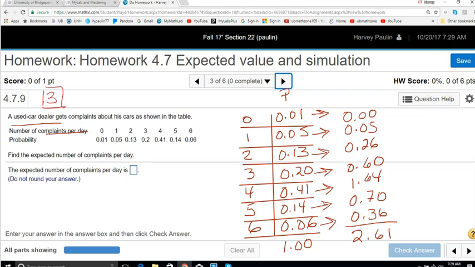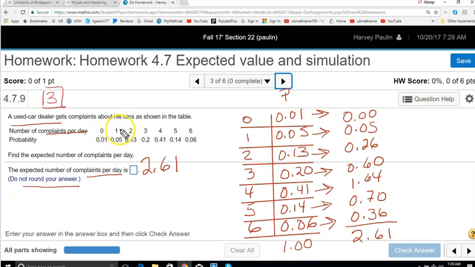Now, when we do this, this is the results, but what do the results mean? Well, it's your answer that you're going to put, let's put that properly here, 2.61 complaints per day. And it says, do not round your answer.